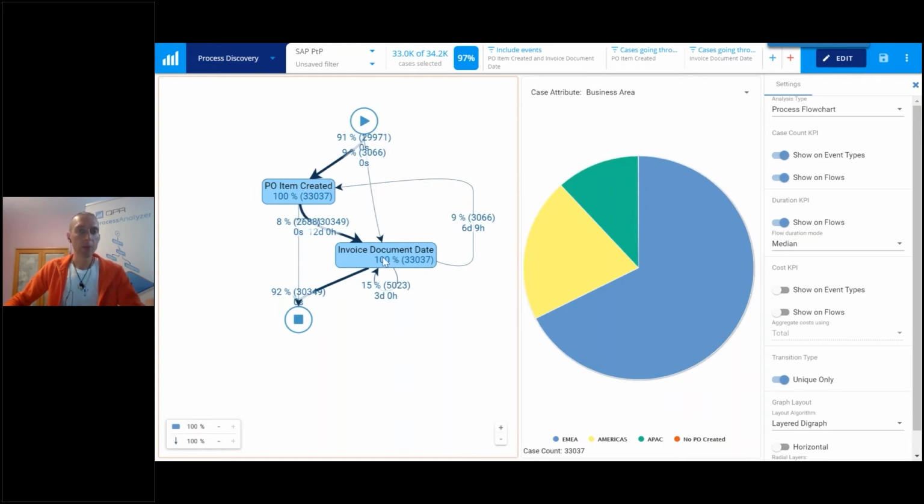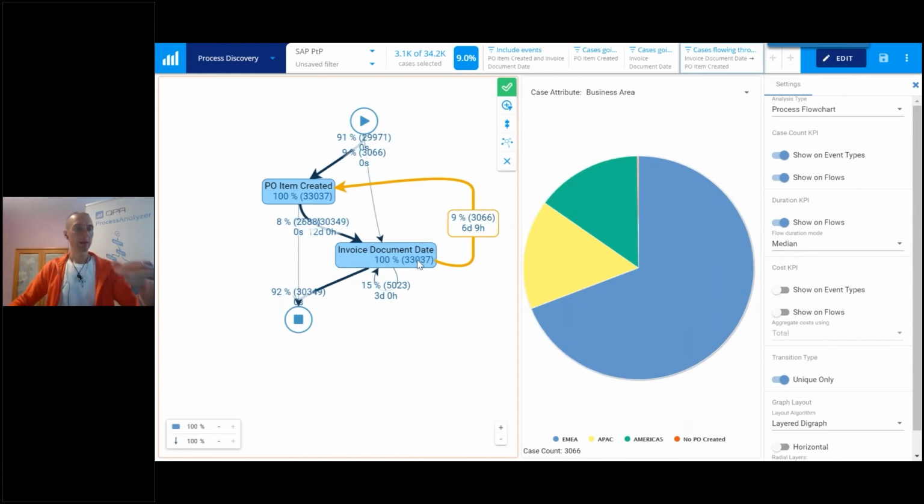And now within this setup, we have 9% of the cases where the invoice is coming before the purchase order created. So we see immediately from here that these 3,066 cases are problematic in a way that you have first received the invoice.